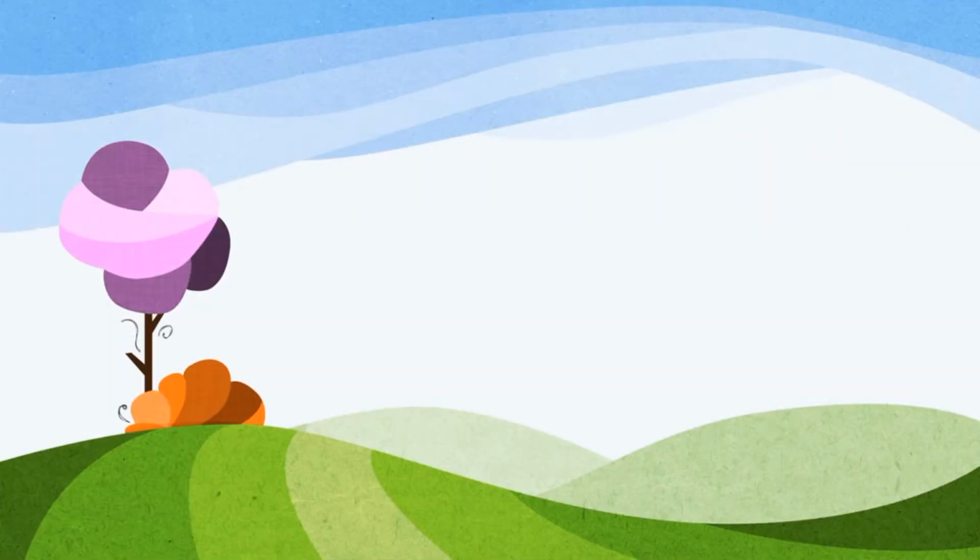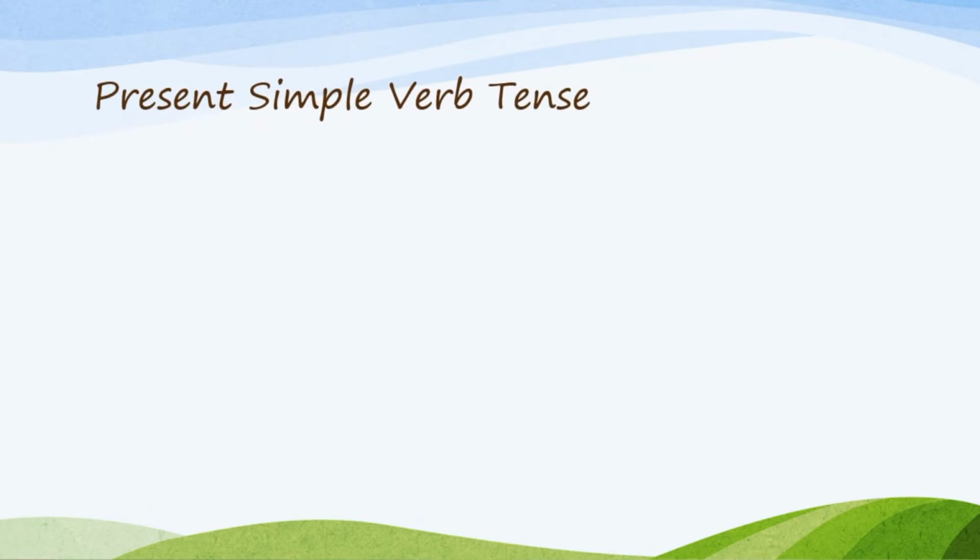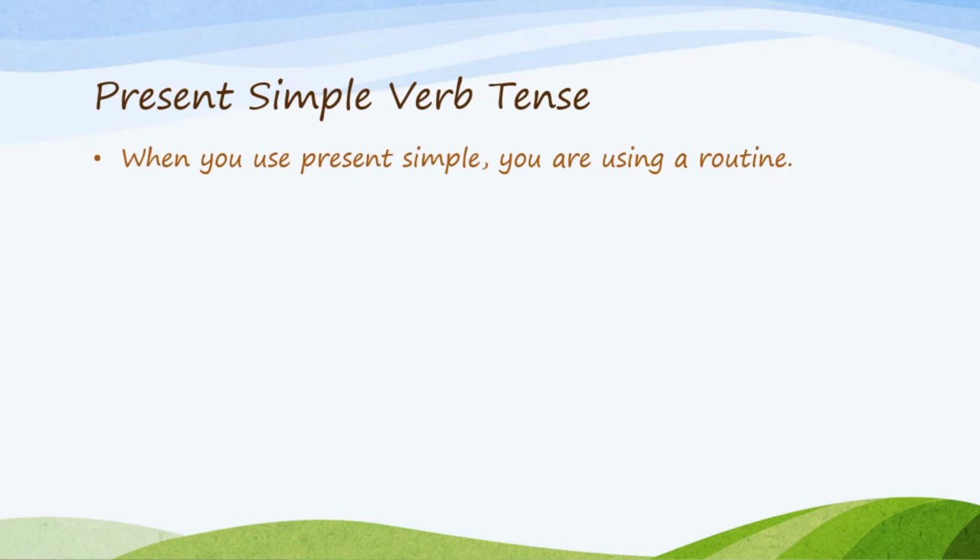Now let's begin to explain what is present tense. Present tense is used to refer or indicate to something that occurs in present. Now we will be doing present simple verb tense. When you use present simple, you are using a routine, right?